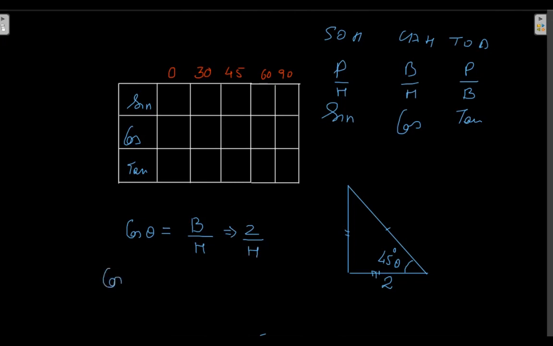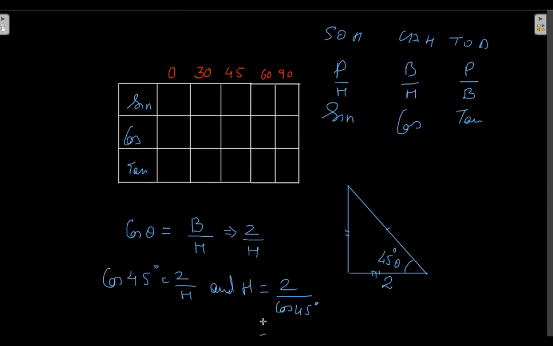It means cos of 45 degrees is equal to 2 over h, and hypotenuse hence is equal to 2 divided by cos of 45 degrees. Now if we know the value of cos 45, then we can get the value of hypotenuse.